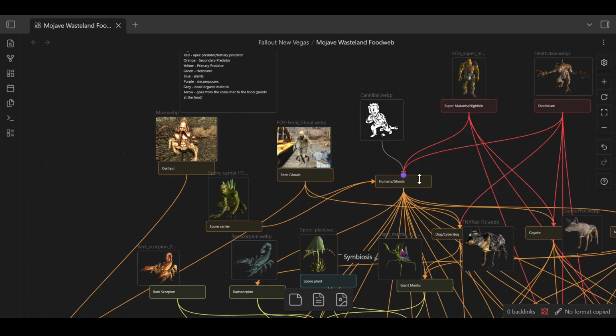But presumably, they do attack, so they probably do have an omnivorous diet. Feral ghouls, same thing. Humans and ghouls, obviously, omnivores will eat different things and sometimes eat each other. Cannibalism is alive and well in the wasteland, just as it is in the capital wasteland.